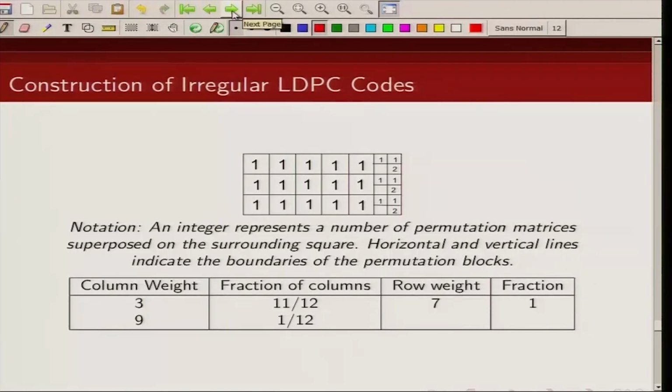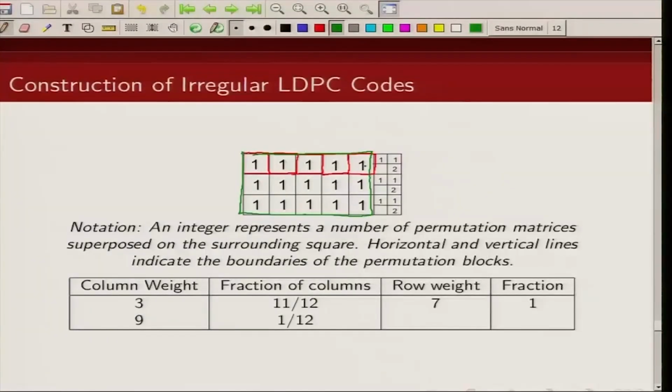So, this is my rate half code, so it is n by 2n, and each of them are n/6 by n/6 matrices. Now, note that up to this point I am ensuring that each column has weight 3 and each row has weight 5.